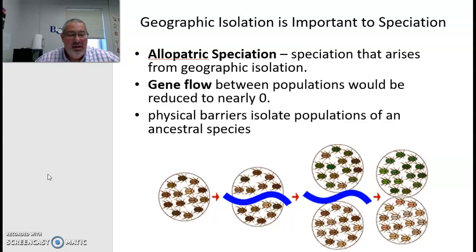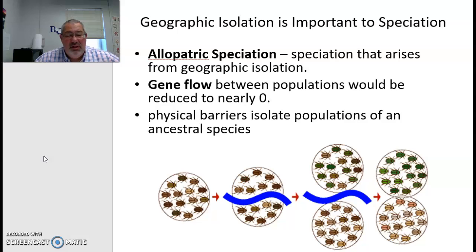The important thing to think about in this mechanism is that you have an initial population. This population gets split into subpopulations by some geographic barrier.